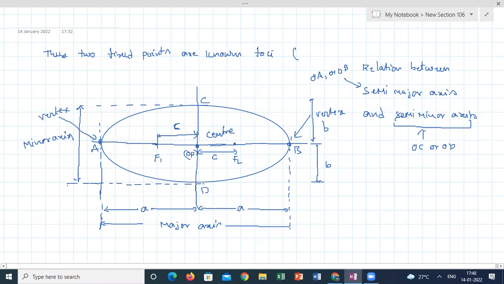So according to the definition, if I am taking any point on the ellipse, the distance from that point to F1 plus F2 always remains the same.